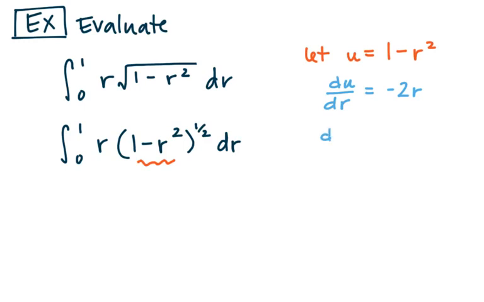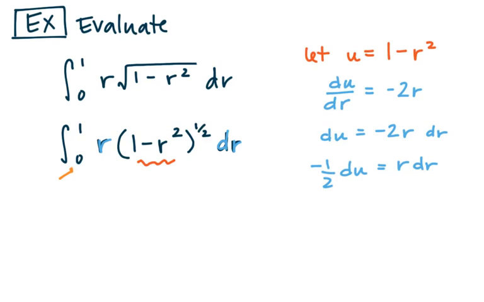So we'll rearrange. du is negative 2r dr, or negative 1/2 du is r dr. So I have my r dr.